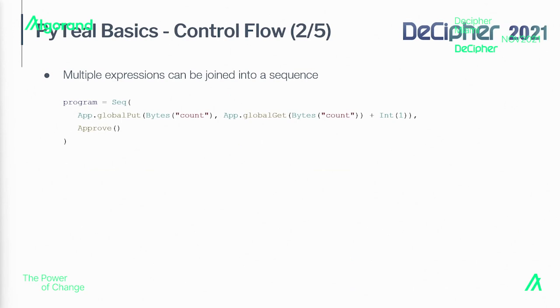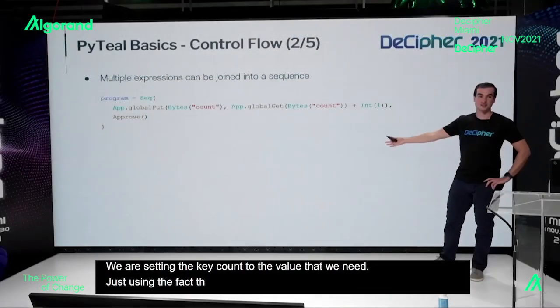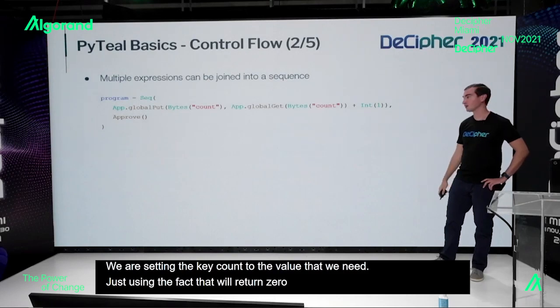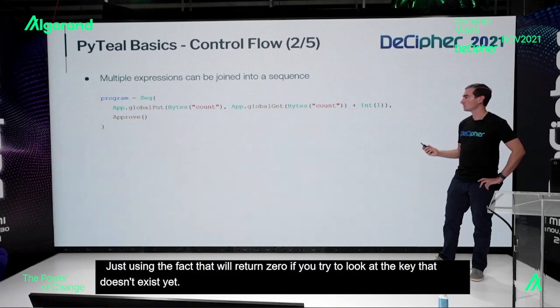We're setting the key count to the value that count currently holds plus 1, and then it always approves. This is using the fact that app.global_get will return 0 if you try to look up a key that doesn't exist yet. We just return a default value of 0. So that's how that works. All right.